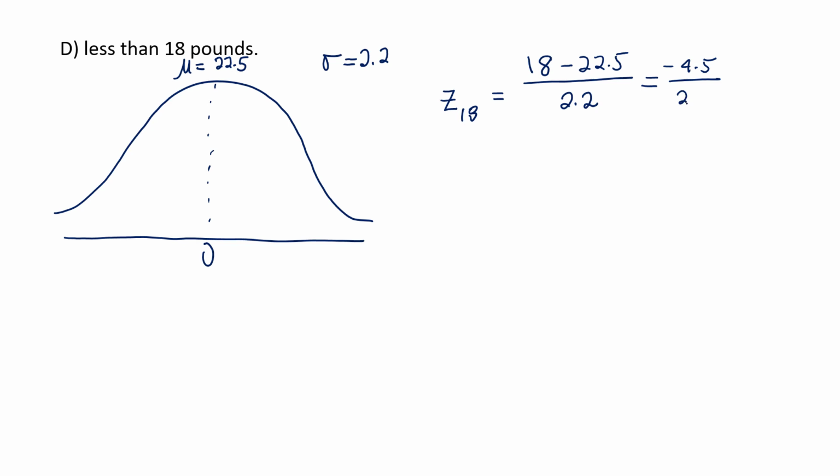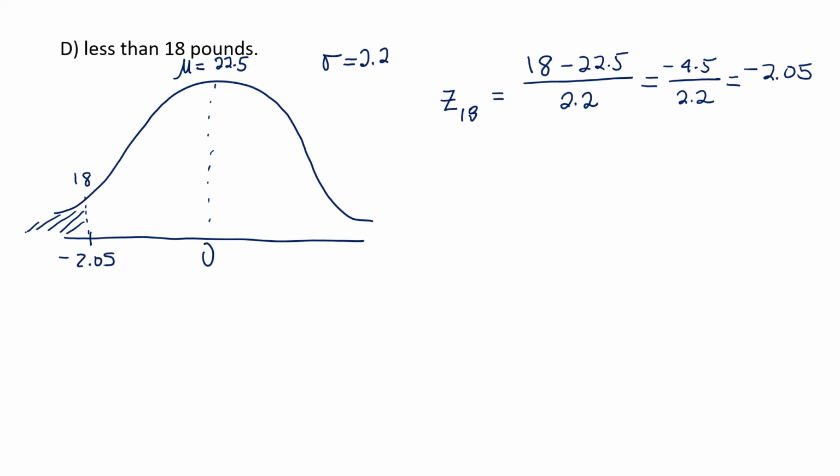Let's divide that by 2.2. And that quotient is negative 2.05. Let's draw that onto our graph. So negative 2.05 will definitely be to the left of 0. Mark that. Draw a vertical line up touching the curve, and I'll write 18 where it matches. Less than means to the left of.